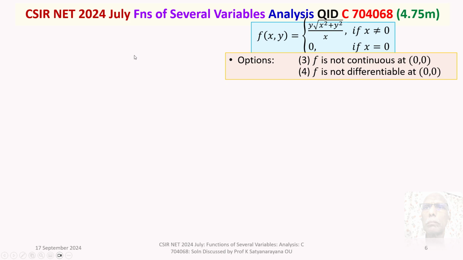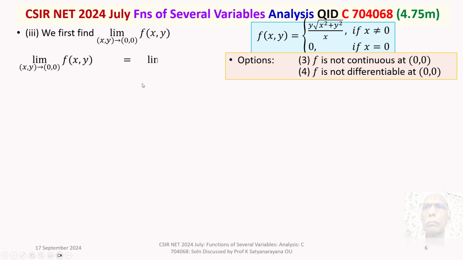When it exists, is it equal to the value of the function f at 0, 0? That's the question. If it is so, then it will be continuous at 0, 0. So for that, we first find the limit of f of x comma y as x comma y tends to 0, 0, and that is equal to the limit as x comma y tends to 0, 0 of f of x comma y, the function we have written here.